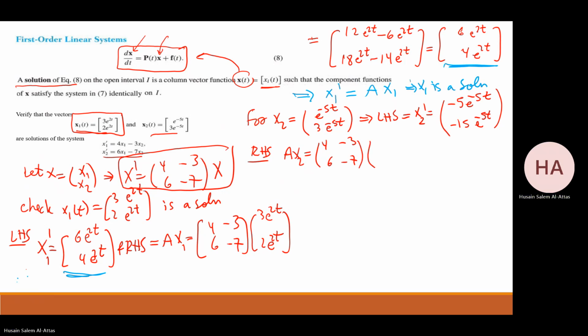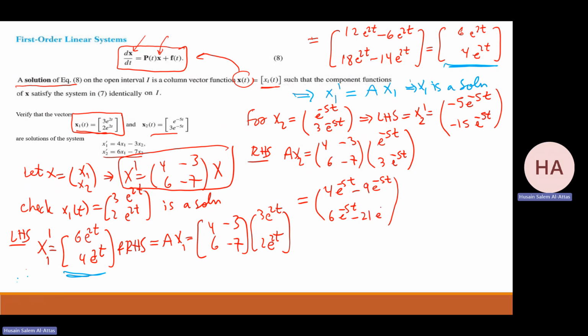What is x2? It's e^(minus 5t), 3e^(minus 5t). That will be what? I'm doing it in detail, no problem. 4e^(minus 5t) minus 9e^(minus 5t), 6e^(minus 5t) minus 21e^(minus 5t). That gives me minus 5e^(minus 5t), and 6 minus 21 is minus 15e^(minus 5t).